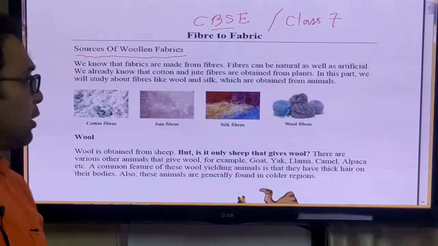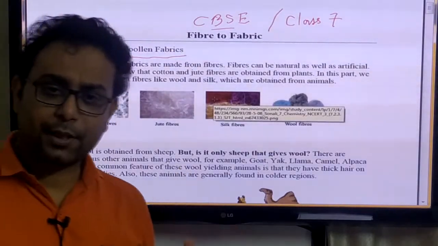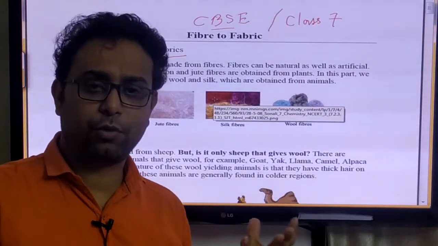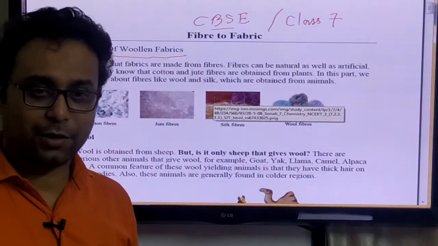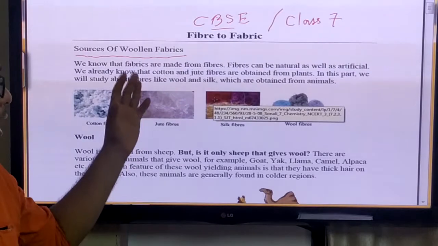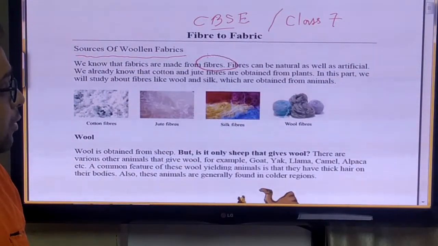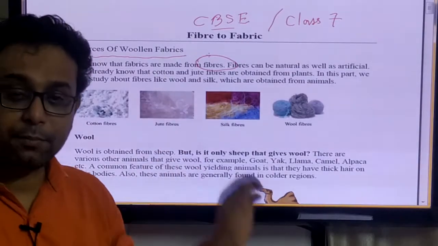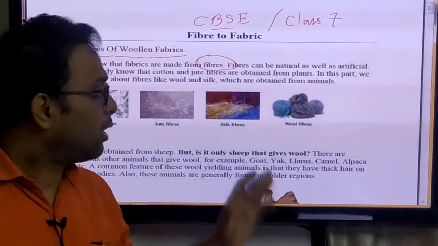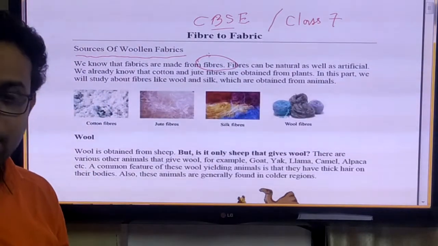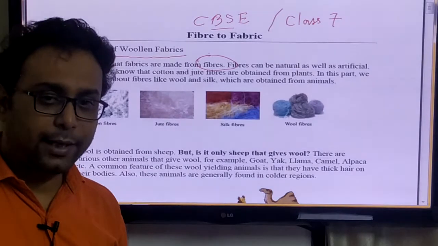You already know that fibers and fabrics are very useful words used in recent times, and these fabrics are made up from fibers. But a question arises: what are fibers? Fibers can be natural or synthetic in nature, right?